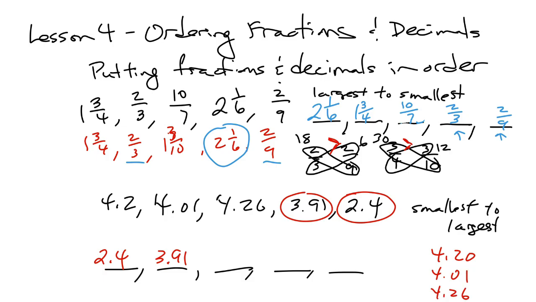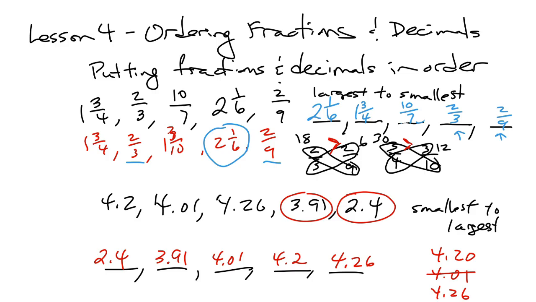The 2s show me that the 4.20 and 4.26 are bigger than 4.01, so that's got to be the next number. And then 4.20 is smaller than 4.26. 4.26 is the largest of the numbers, and 4.2, which is the original number, is next. So there are those numbers ordered.